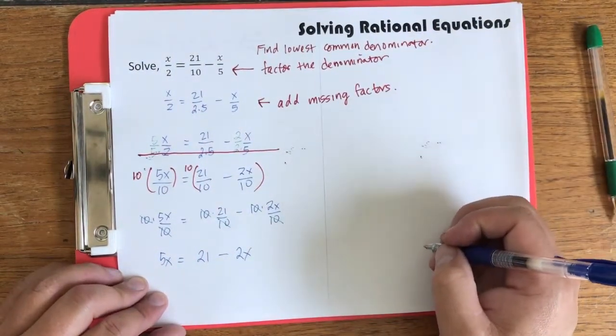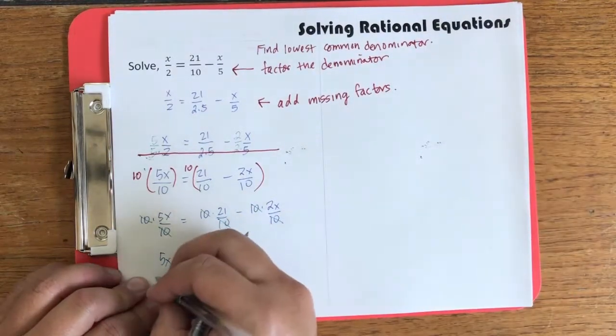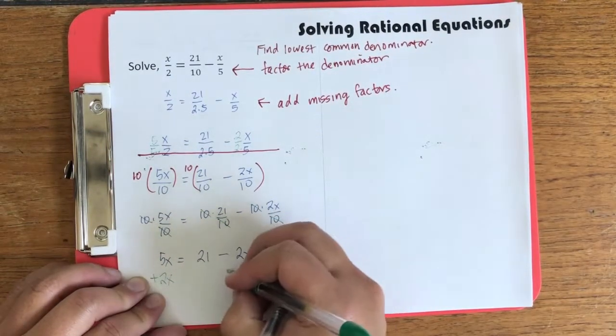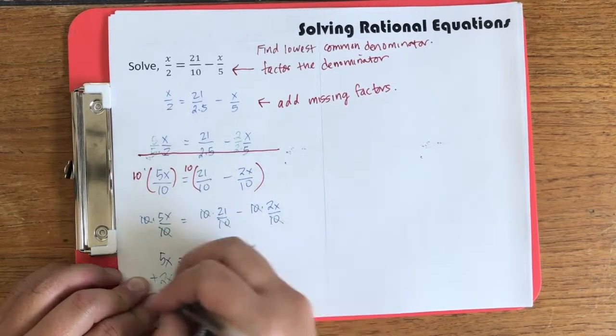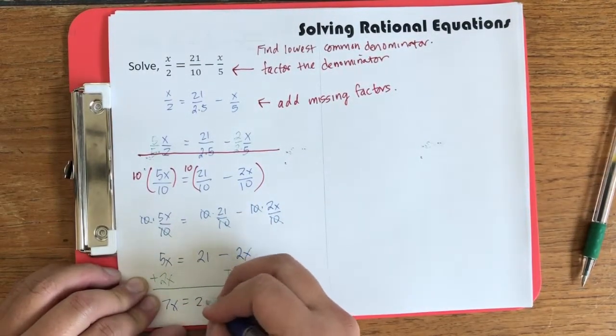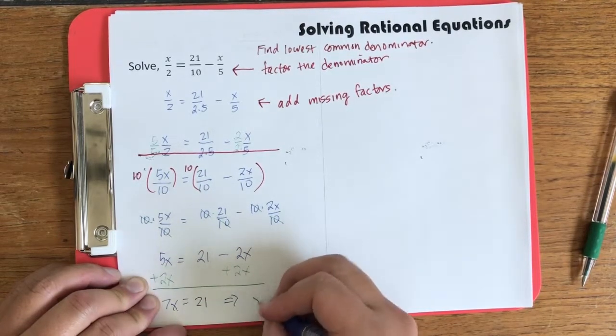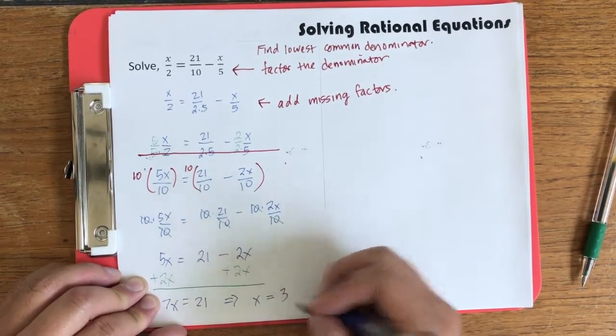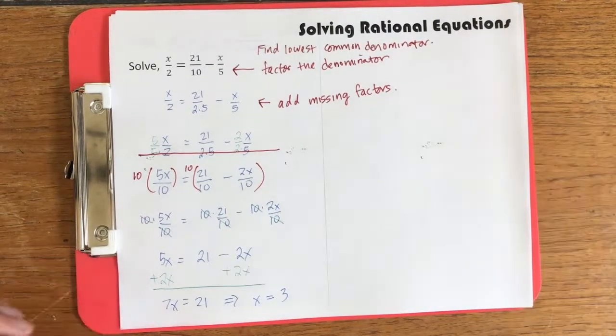Now, once we have this, we can solve this. We get x is equal to 3. So this is a different way of solving a linear equation that we knew before.